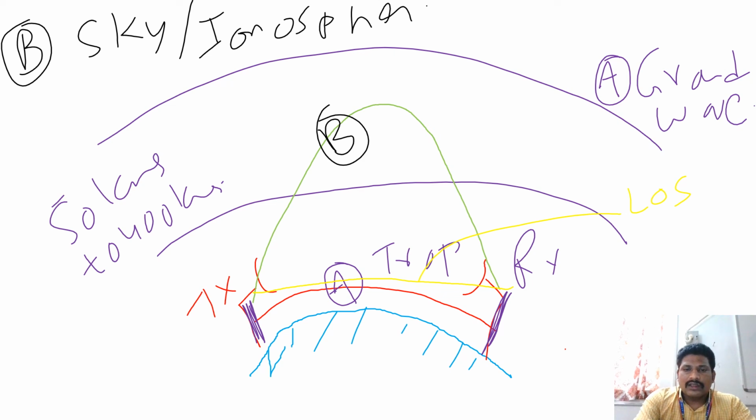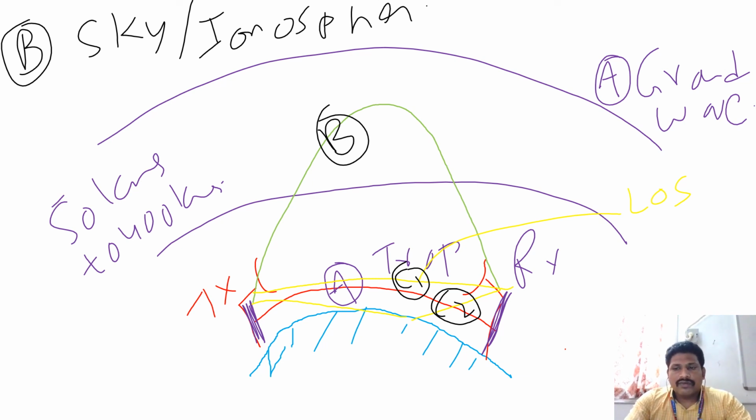There is another way of transmitting the signal. It comes to the earth surface, touches it, reflects back and goes to the receiver. This is the third mode of propagation. This is C1 and this is C2. C1 is the direct path and C2 is the indirect path.